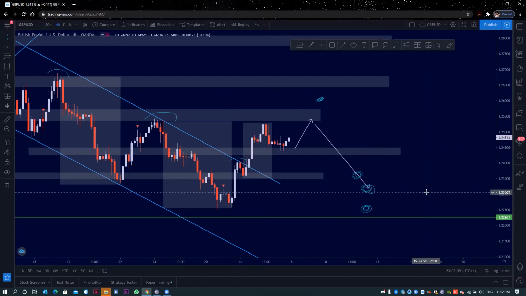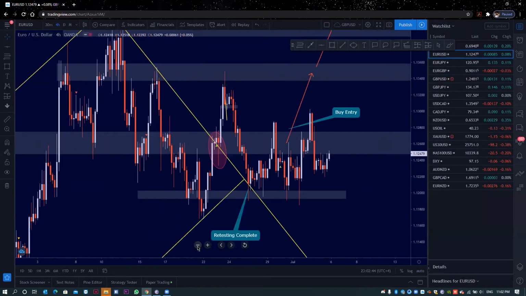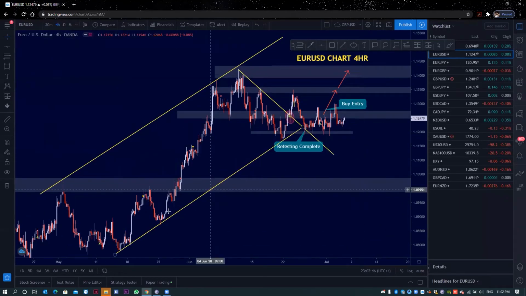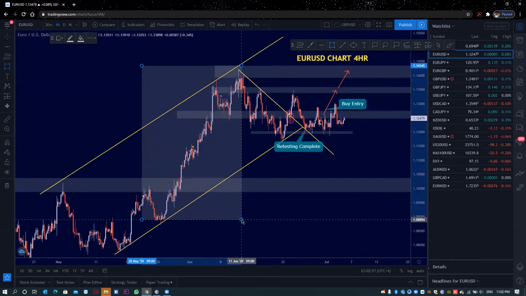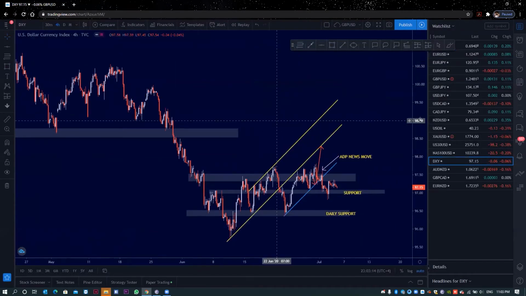For example, right now the Euro USD is a very good example. You can see this move, approximately 536 pips, from 26 May to 12 June, 2 weeks.